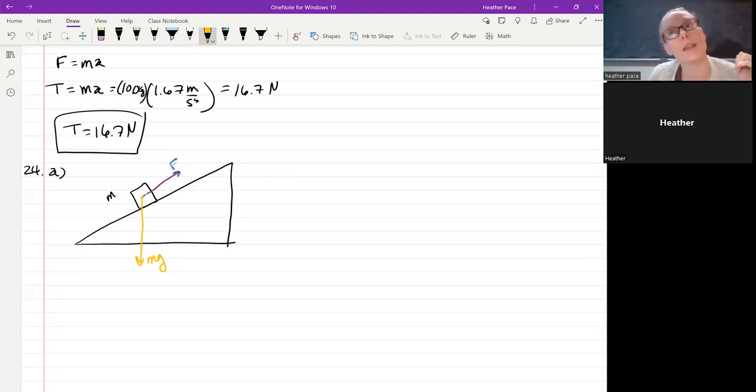Anytime you have a mass that is sitting on something and not seeping into it, we have what is called the normal force. And really what the normal force is, is the electrons that are in the table or floor or incline here.